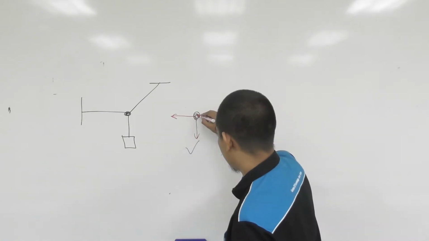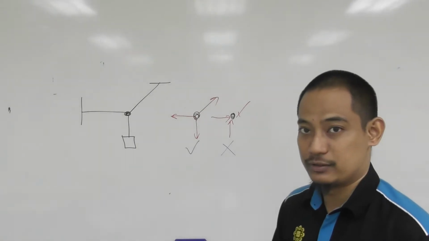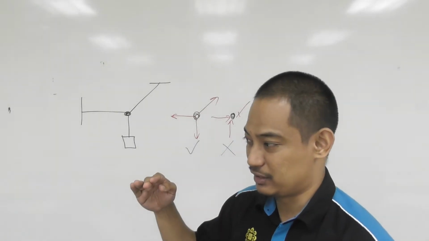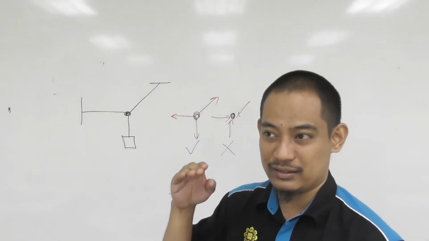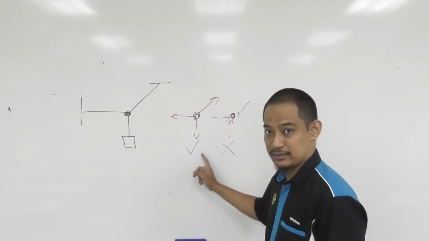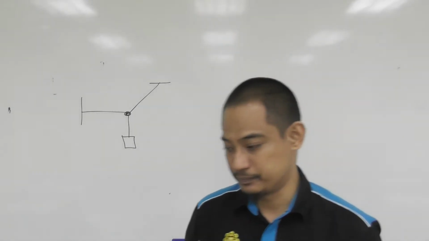Similarly here, the cable can only pull it. It can never push it. So the meaning is very important. You have to understand the meaning of your arrow, what it means, and whether it is logical in the real world. So make sure you understand this. There are other objects also.